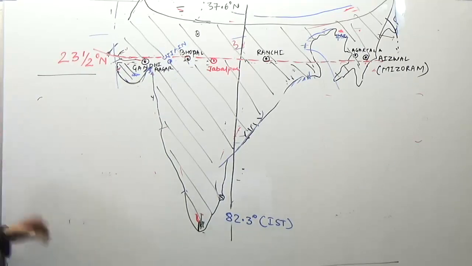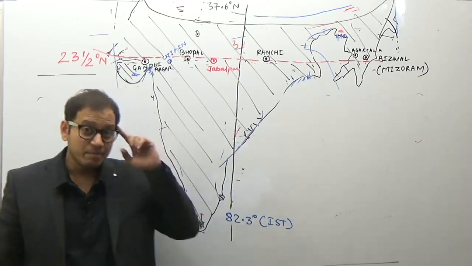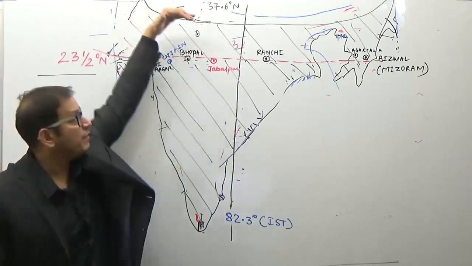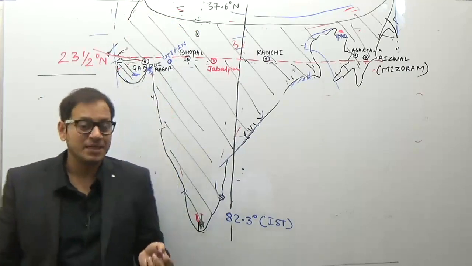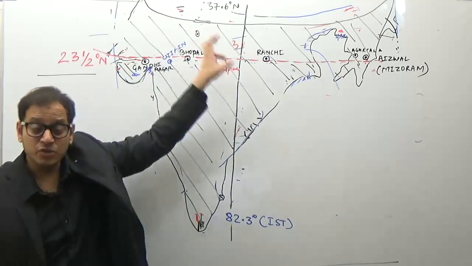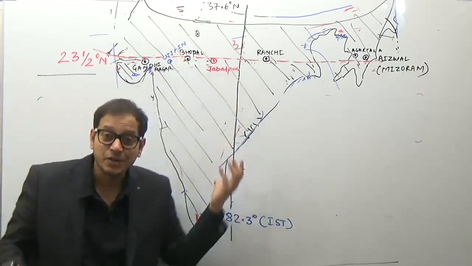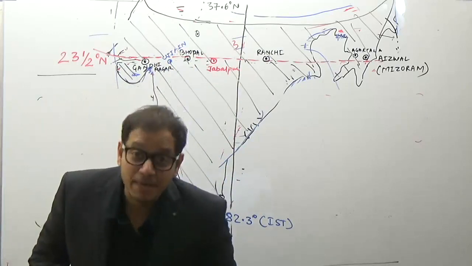Can you see? I will again shade this part. Which is larger in dimension, to the north or to the south? Remember, the territory which is to the north, because of the limitation of the board, I have shown Himalaya downwards, otherwise it won't be visible to you in the camera. The territory to the north of the Tropic of Cancer is twice as much as the territory to the south, because India is a big country.